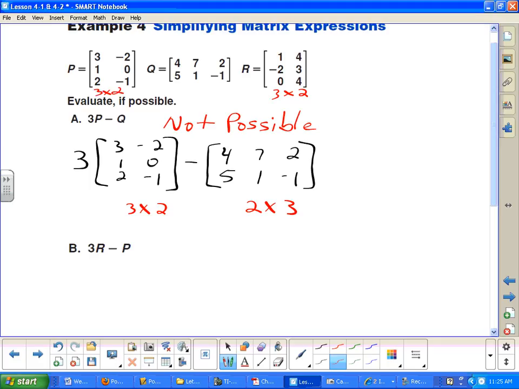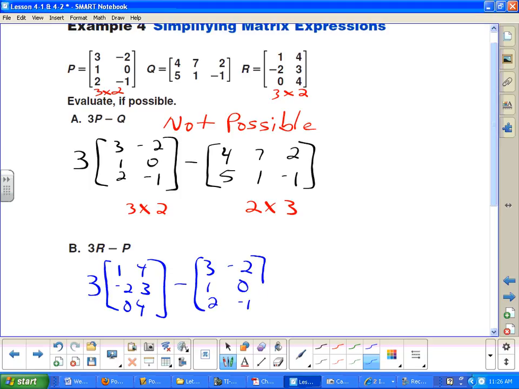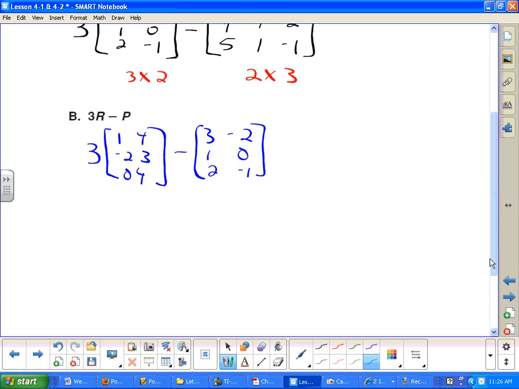All right, that one will work. So 3 times 1, 4, and so on.